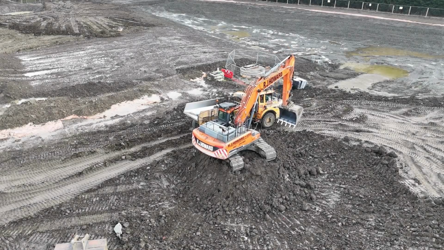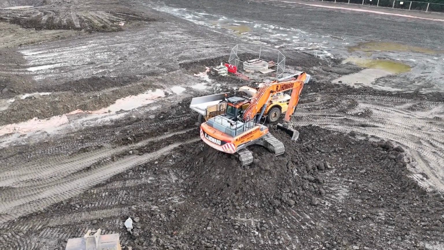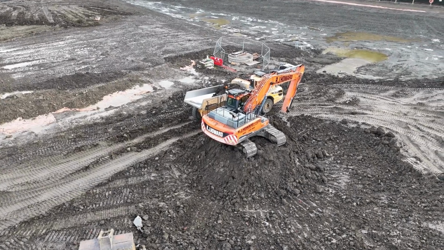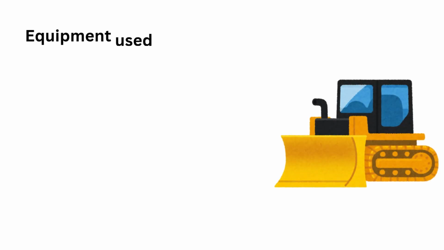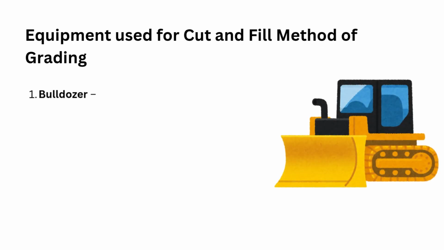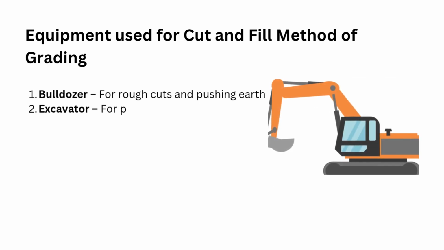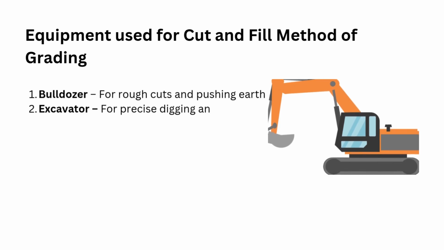The commonly used equipment for cut and fill grading are machines designed to excavate, transport, spread, level, and compact large volumes of earth. These include bulldozers, widely used for cutting high areas and pushing soil across the site. Excavators, ideal for precise digging, especially when creating slopes or trenches in cut sections.